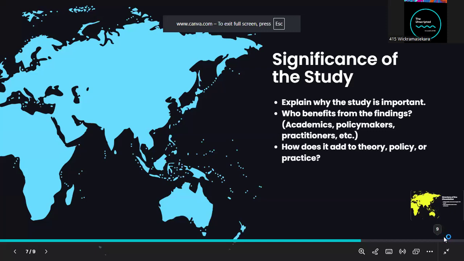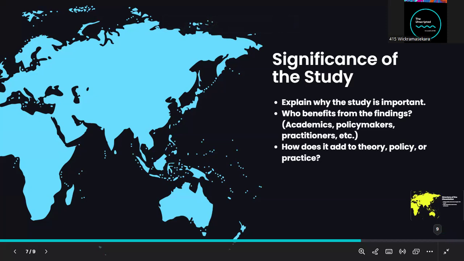You can say that it will introduce a new theory, or it will contribute to the existing theory by fulfilling the identified theoretical gap. Or practically, what are the significances? It could help the policymakers, the society, the consumers, or the corporate sector, likewise. All these things must be included under your significance of the study.